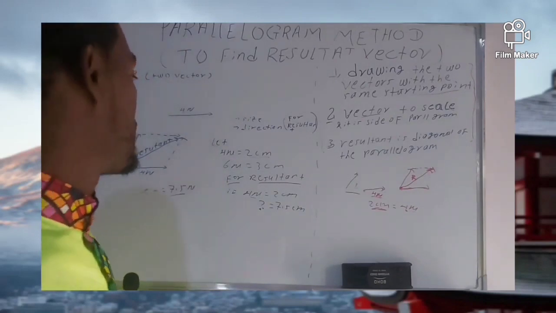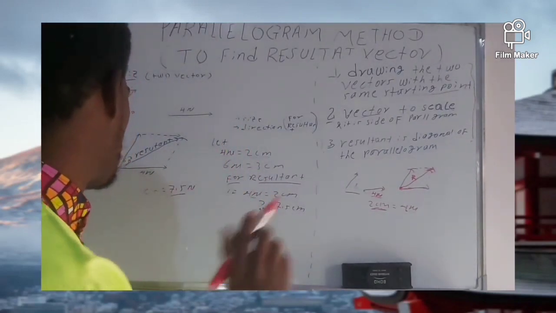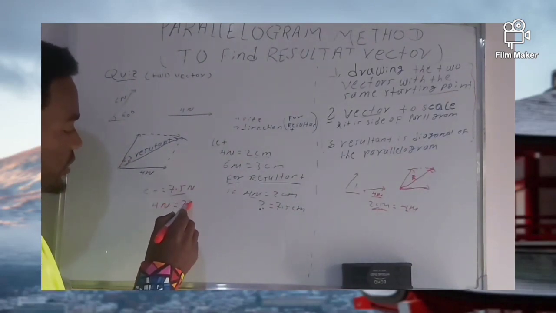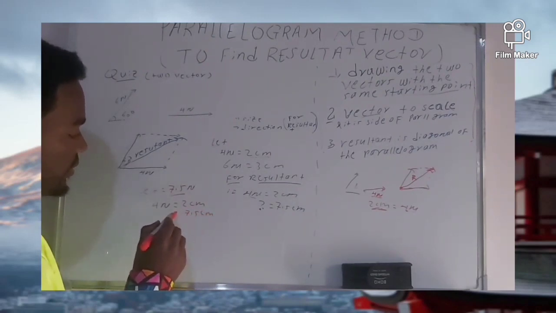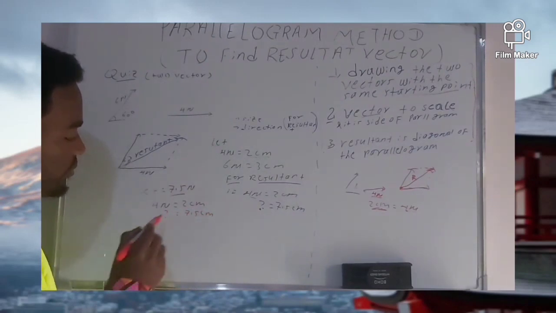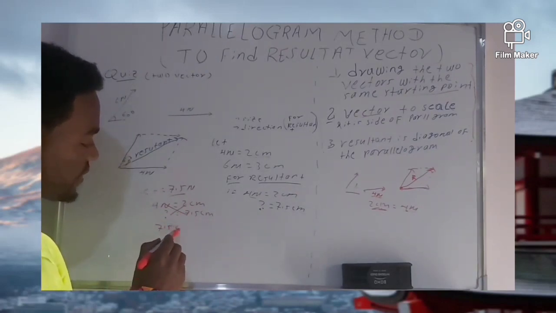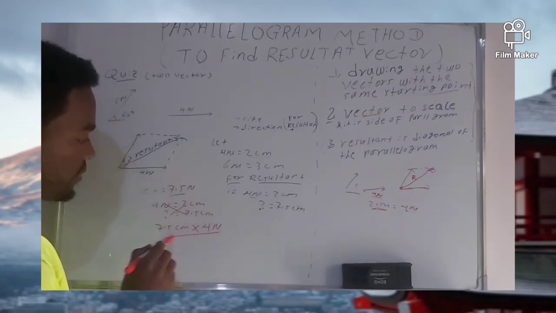By the first consideration, we said 4 Newton represents 2 centimeter. So if 4 Newton is 2 centimeter, 7.5 centimeter is how much Newton? So 7.5 centimeter times 4 Newton over 2 centimeter.